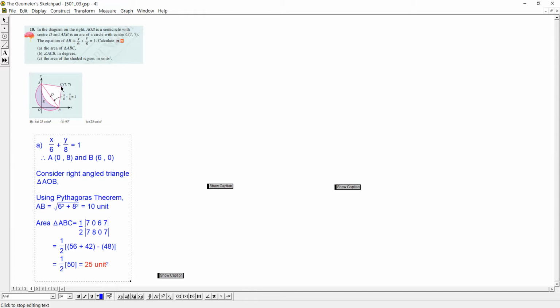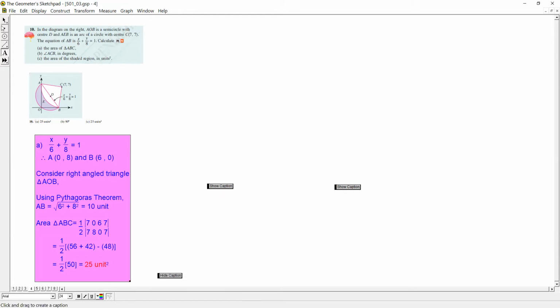If you want to find the area enclosed by the interior of these 3 points, you arrange the coordinates vertically, then you find the modulus. Finally you multiply it out and you will get 25 units.